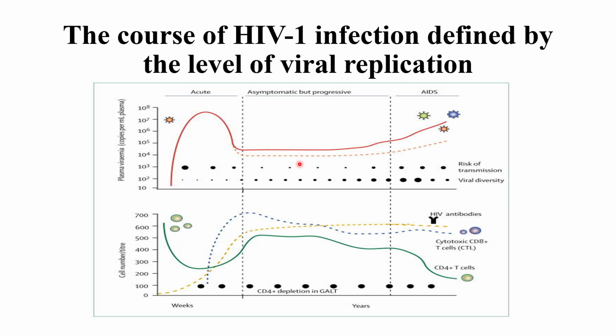And this black dot indicates that during the acute stage the risk of transmission is very high because the number of HIV virions in plasma is very high at this stage.